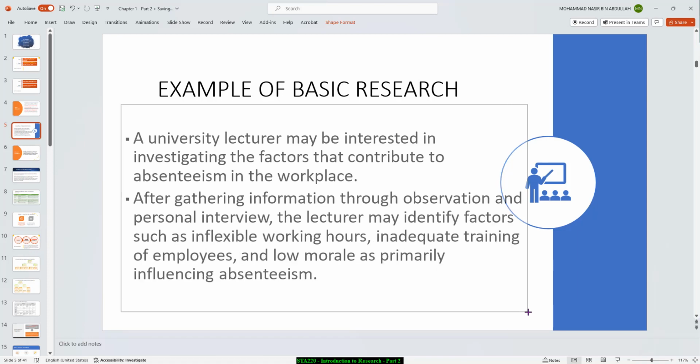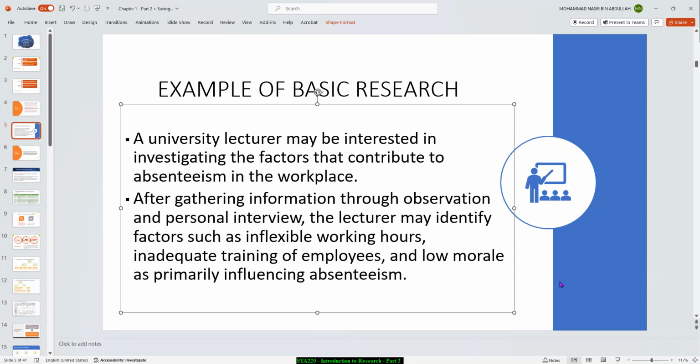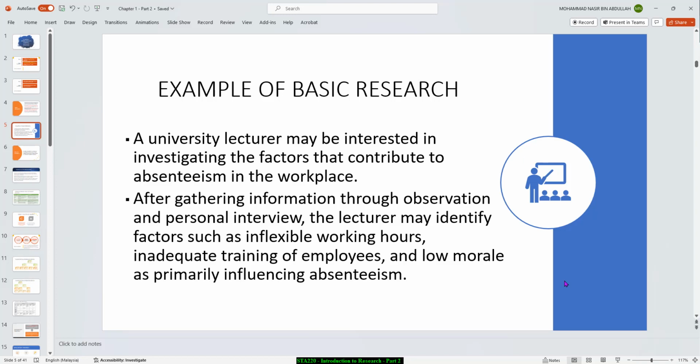Kenapa student tak boleh perform dalam mathematics, contoh kan. So we just want to know why and how it happened, right? So it basically based on a 5W question lah. What is the problem, how to identify the problem, why this happened, right? And when it happened. So kita base pada 5W 1H lah.